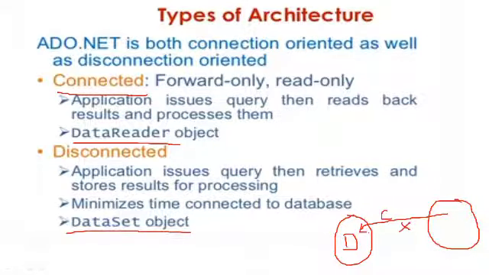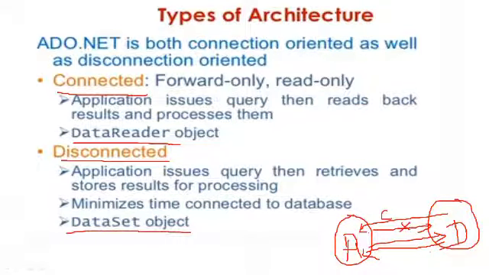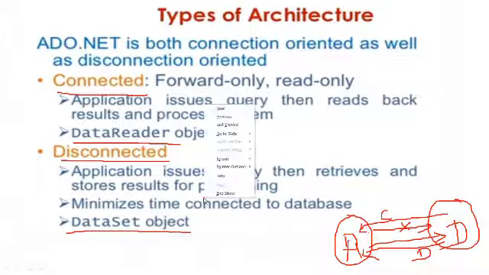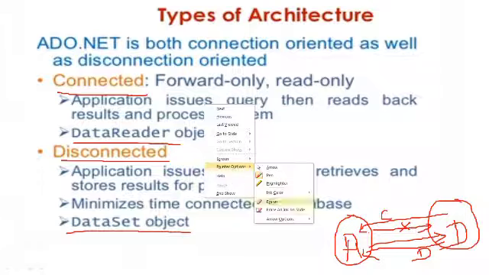But in disconnected architecture you need to connect to the database. This one is the application, this is the database. Connect and get the data once, then disconnect. That is disconnected architecture. Let's see the next slide.